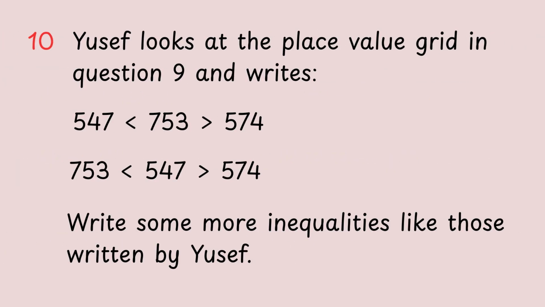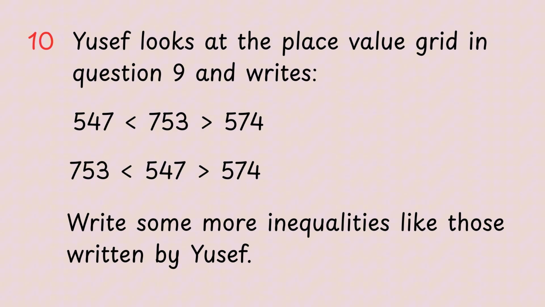Question number 10. Yusuf looks at the place value grid in question 9 and writes 547 less than 753 greater than 574. 753 less than 547 less than 574.